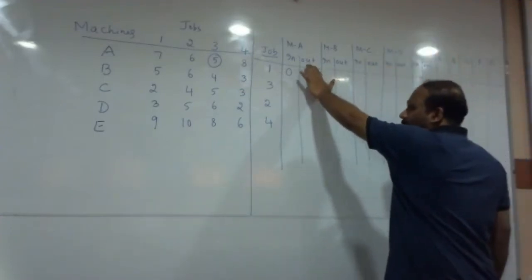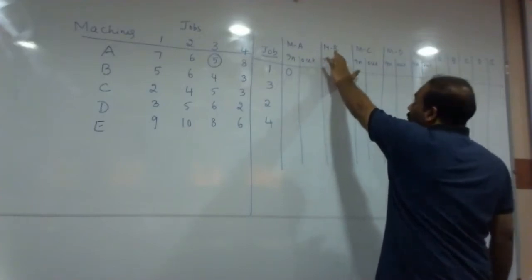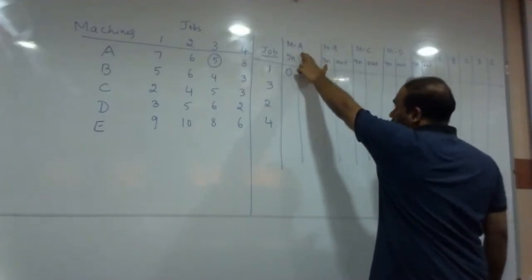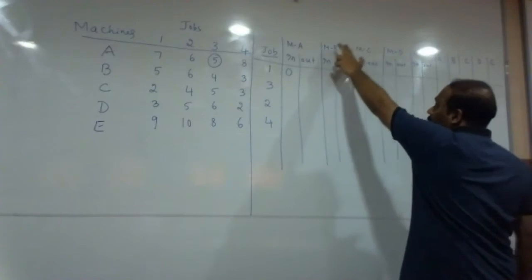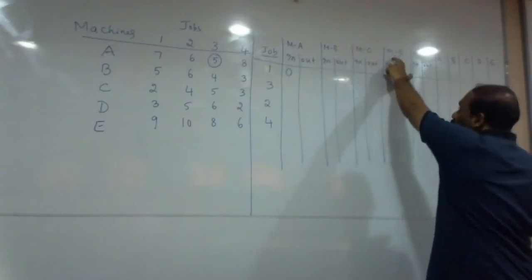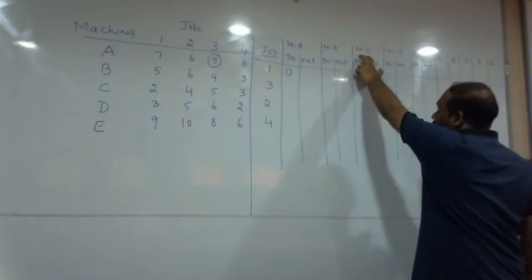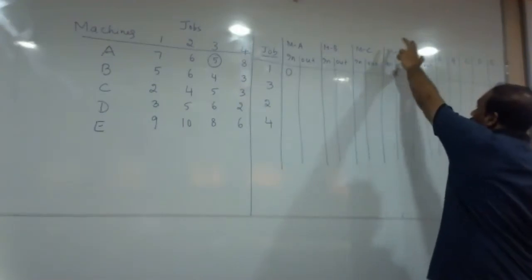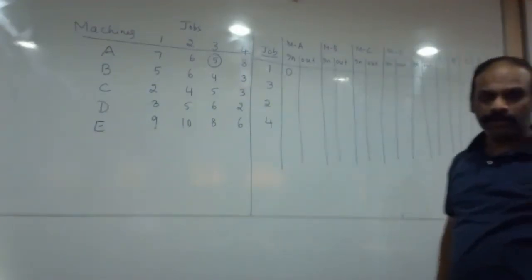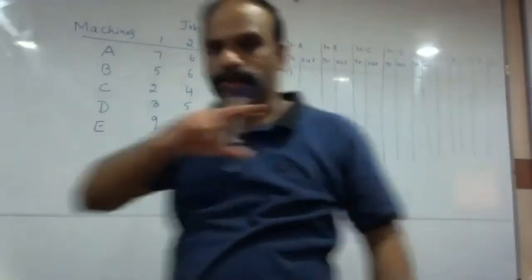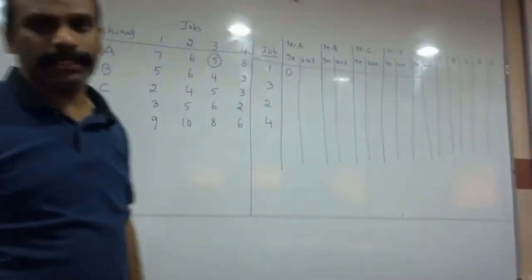Machine A is completely independent. Machine B is dependent on A. Machine C is dependent on machine B. Machine D is dependent on machine C. Machine E is dependent on machine D. This is exactly how all these machines are interconnected.